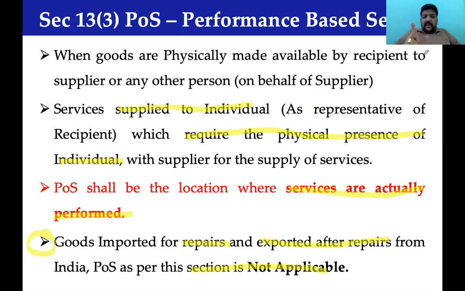Electronic network, electronic means: are both words the same or different? Electronic means is a wider word. Electronic network is a very small word. Electronic means is a completely wide word which includes various associated aspects.